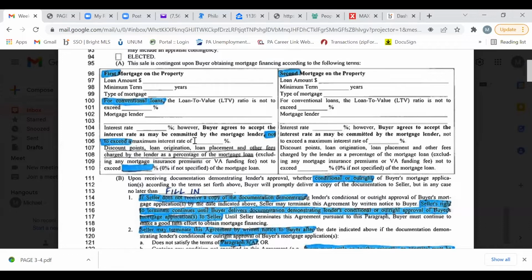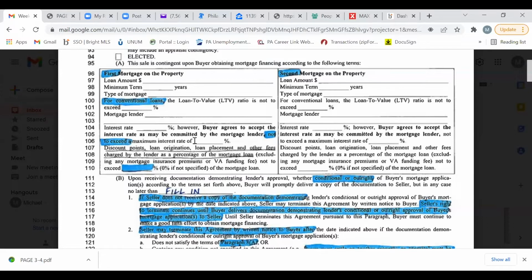So you put in the interest rate there of, let's say, 3.75, because that's what it says on the pre-approval. But sellers and listing agents want to see a spread because you're technically not locked in yet. So typically I'd like to see at least a half-point spread in there, just to be sure that if the rates go up slightly by the time they lock in their rate, we're still good to go.